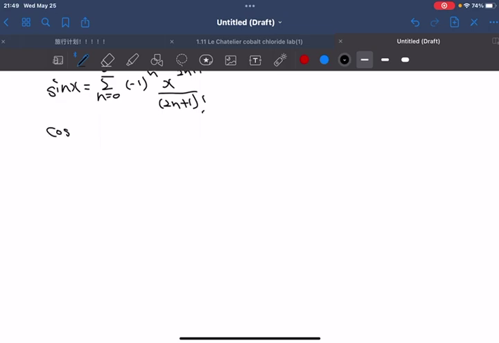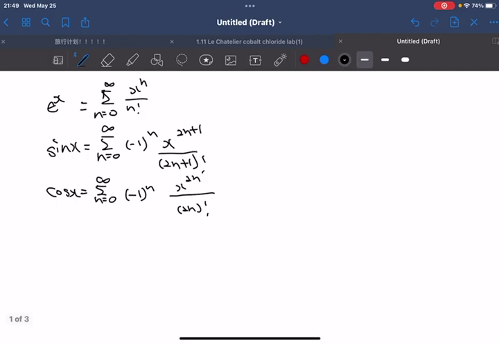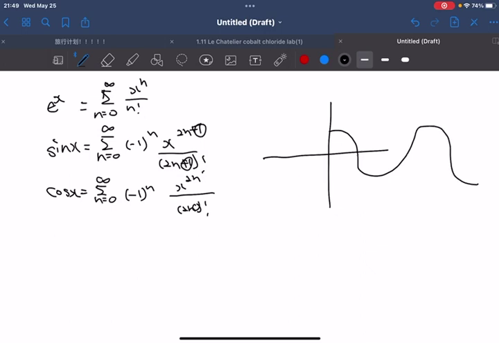So the third one will be cosine x, which equals the sum from n equals 0 to infinity of negative 1 to the n, x^(2n) over (2n) factorial. You can see that the cosine graph and sine graph are very similar. One starts here and has a curve here like that, and the second one starts here and has a curve like that.